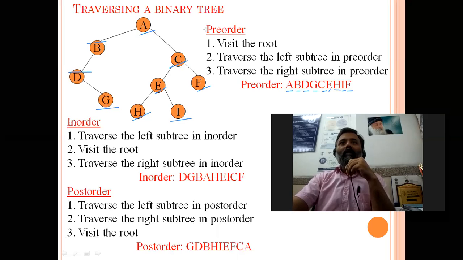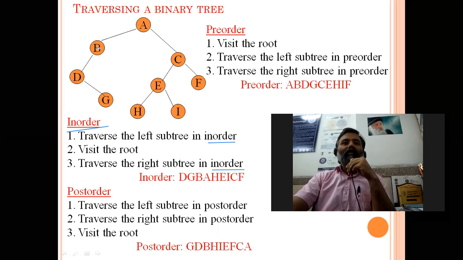Now, in-order traversing, same way, but the left subtree will be first, then the root, and then the right subtree, again in order. So before this root, we have to traverse this left subtree, again in order.